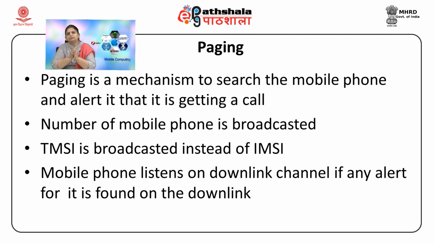But here it should be kept in mind that, for security purposes, we do not use the IMSI number from now onwards. So, instead of the IMSI number, the TMSI number will be broadcasted. The MSC will broadcast the TMSI number to all the BSCs which are in its area.